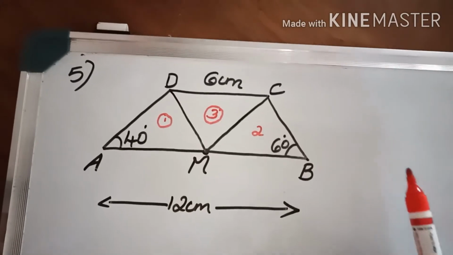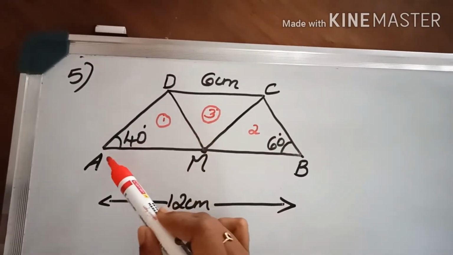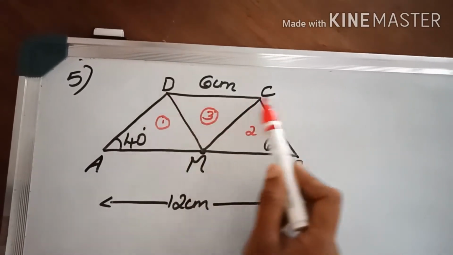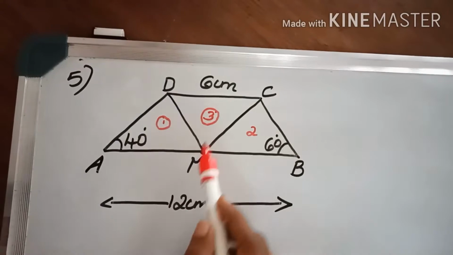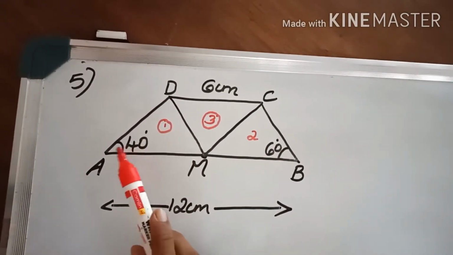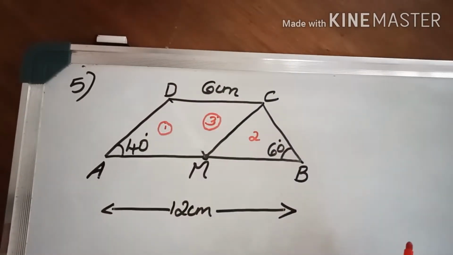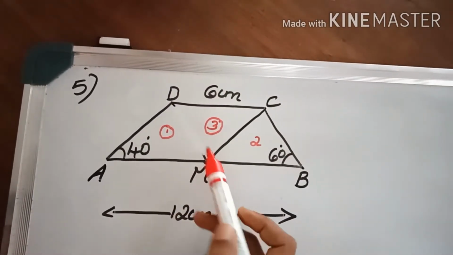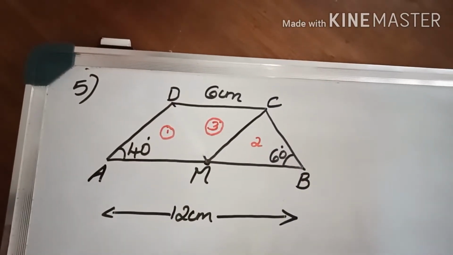Now let's consider these two triangles first, triangle AMD and triangle DCM. Together we can see this figure is a quadrilateral. If we are not considering this side, you can see that AMCD is a quadrilateral.